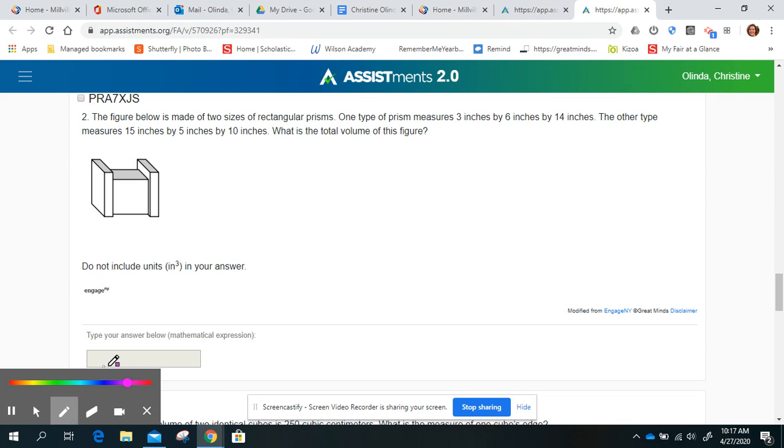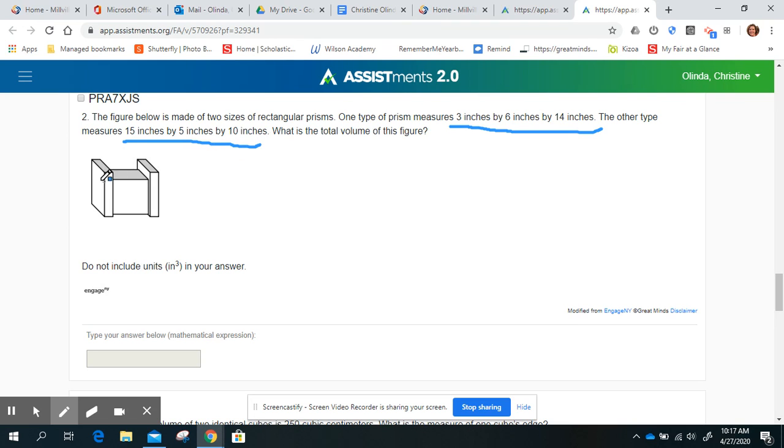All right, again, we're going to do length times width times height. I know that these are the dimensions of one of the figures, and these are the dimensions of the other figure. This figure and this figure are the same, so they'll have the same dimensions.